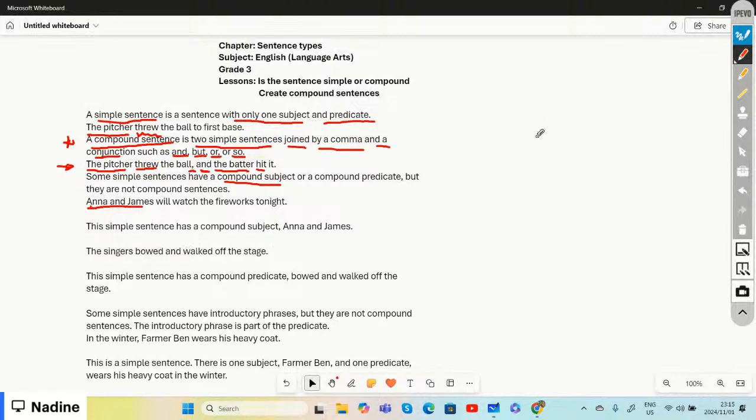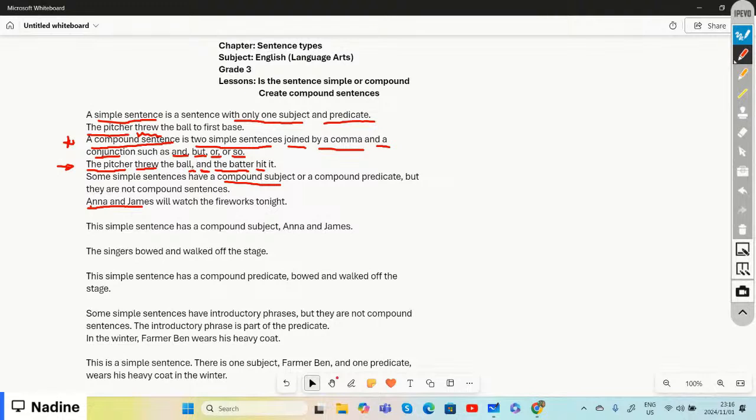So the subject is compound, meaning two people are doing something, but it is not a compound sentence. It is still one simple sentence, but it has two subjects.